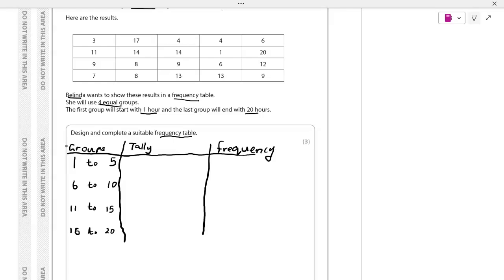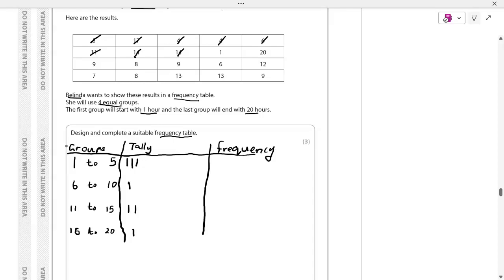Now using a tally, I'll go back to the table, and then I will put the number of hours in each tally. Here 3, I'll cross out 3. 3 goes here, straight line down. 17. 17 is between 16 to 20. 4 down here, another 4 down here. 6 goes here. 11 goes here. 14 goes here.